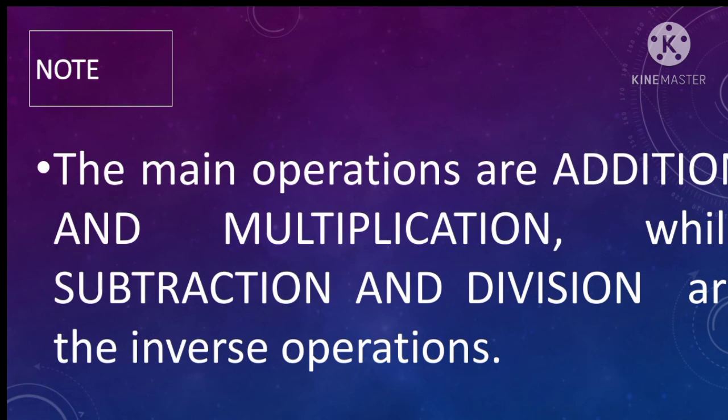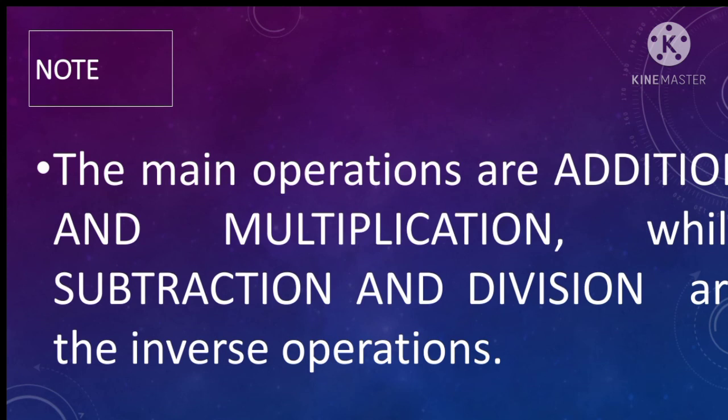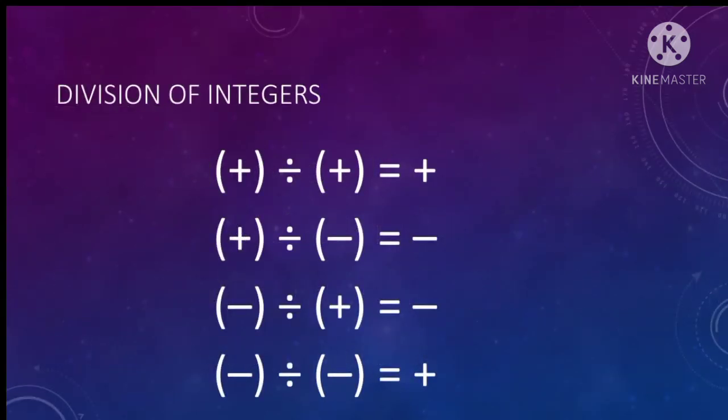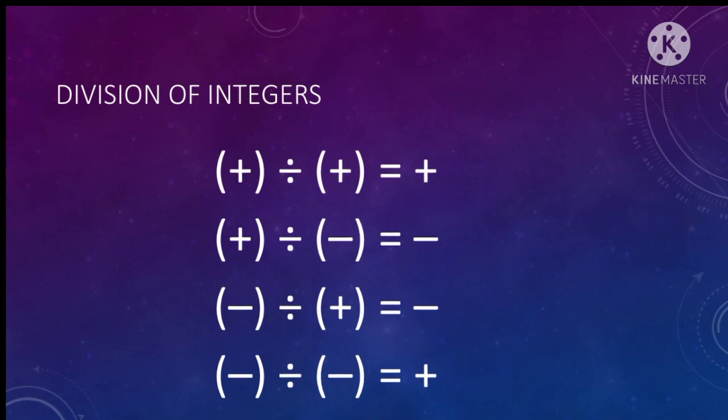Note, the main operations are addition and multiplication, while subtraction and division are the inverse operations. So we should remember that in multiplication and division of signed numbers, if the signs are similar, like positive divided by positive, positive multiplied by positive, negative multiplied by negative, or negative divided by negative, the product or the quotient must be positive.